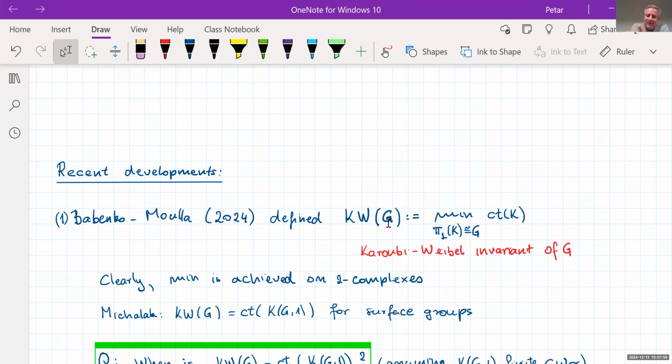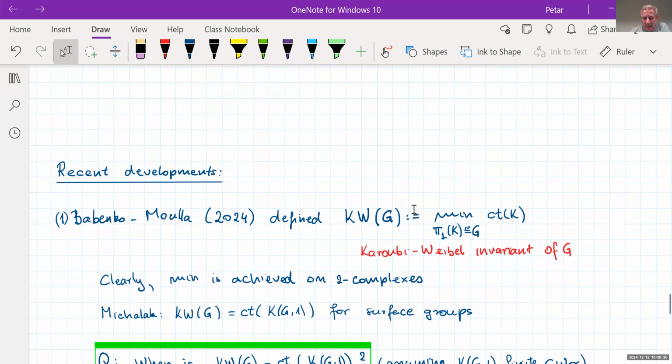Well, you can think of two ways to approach this. You can say there is some invariant of G which is just CT of its respective Eilenberg-MacLane space. And this kind of limits the scope, because usually you expect that it is a finite complex or something like that.